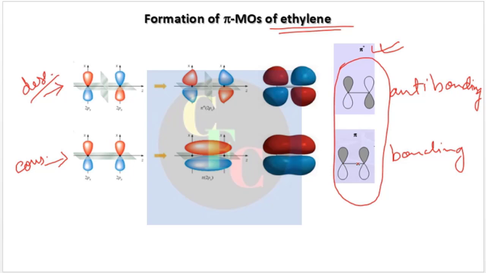Here the two p orbitals are shaded similarly, which means they are in phase. It shows that this is the bonding situation, and where they are out of phase it shows an anti-bonding situation. So these are the pi molecular orbitals of ethylene.